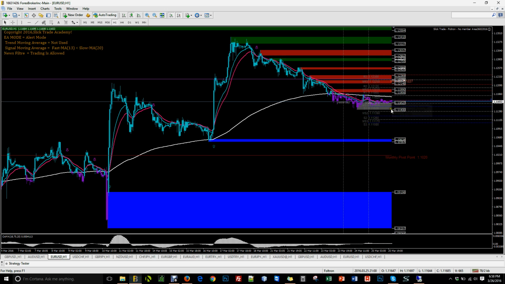So I think if anything, price is going to head down to at least this demand zone, if not back to where price was before the release of FOMC. Based on those two strategies, I think it still has room to move down. That's why I put a short on EU as well.